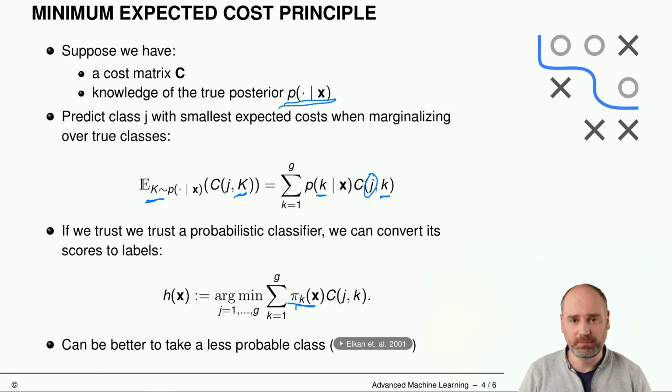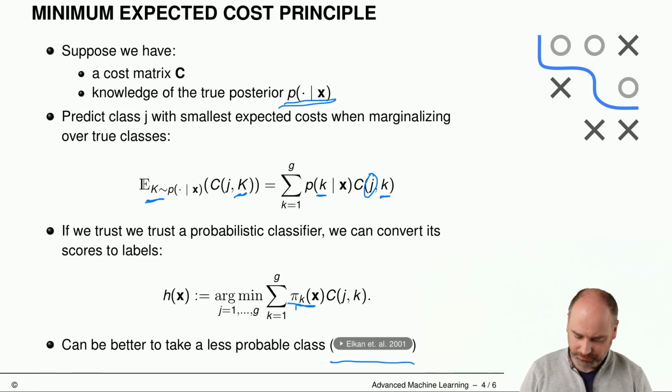We'll talk a bit more about advanced principles later on, but if you have a very well working system, you could directly turn its probabilistic output into cost-optimal decisions. If you want to study this more in depth, there's a very well-known paper by Elkan, which is now about 20 years old, on the foundations of cost-sensitive learning, where all of this is discussed in more depth.